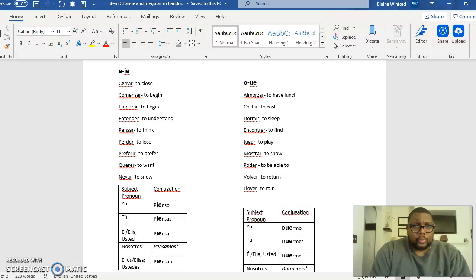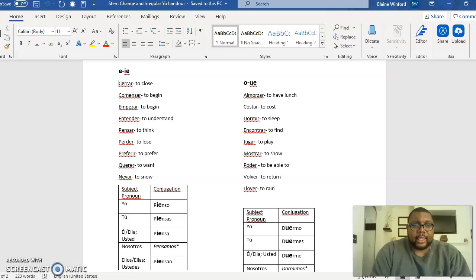And so let's talk about how each of these will stem change, what that looks like when you do conjugate. We'll use pensar as an example. Pensar is a two-syllable verb, and so our stem change occurs on that first syllable. We'll start with I think, which is yo pienso.